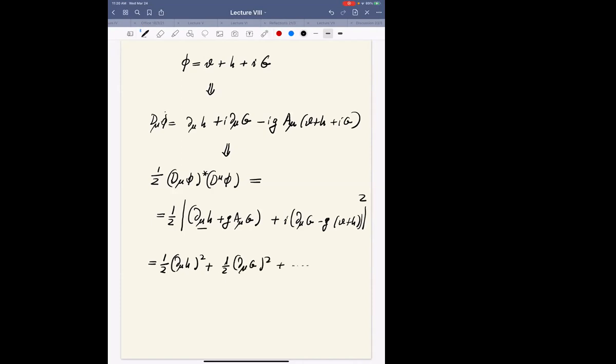Then there will be all kinds of interactions. But I'm interested particularly in this piece. No, I'd rather write it like this. I'm sorry. There is an interesting piece, notice, where I have missed a mu. Again, nobody's telling me.